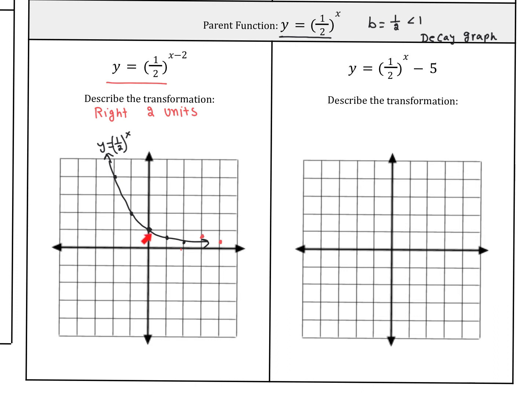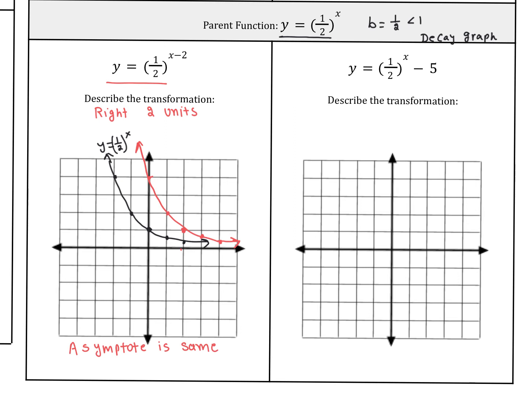This point 0 comma 1, move 2 units to the right, and you're going to get this graph. Again, this graph is moved right 2 units. It means the asymptote is the same.